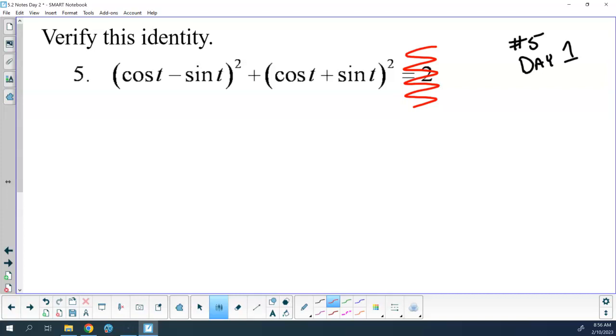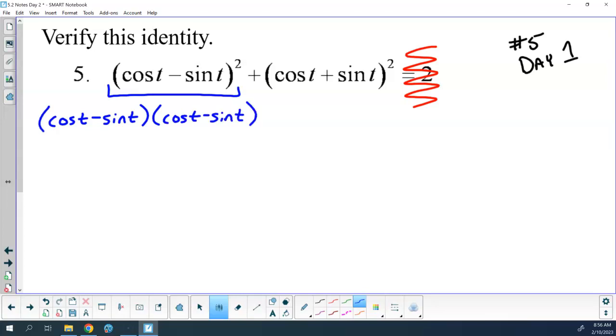So, first thing that I can do is I can take this and I can expand that out. That's going to be cosine of t minus sine of t times cosine of t minus sine of t. It's not just cosine squared minus sine squared. Okay? We have to actually do this multiplication. Double distribution.